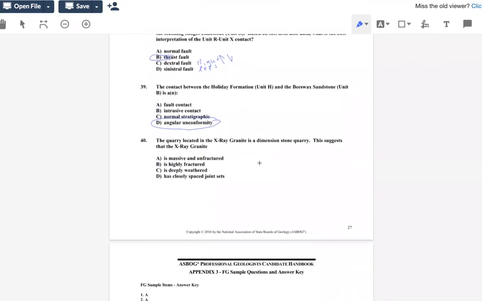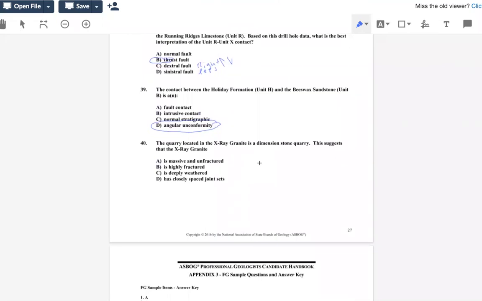All right, the last question. The quarry located in the X-ray granite is a dimension stone quarry. This suggests that the X-ray granite is what? So dimension stone is rock that's quarried for very specific purposes and very specific characteristics, dimensions, things like that.